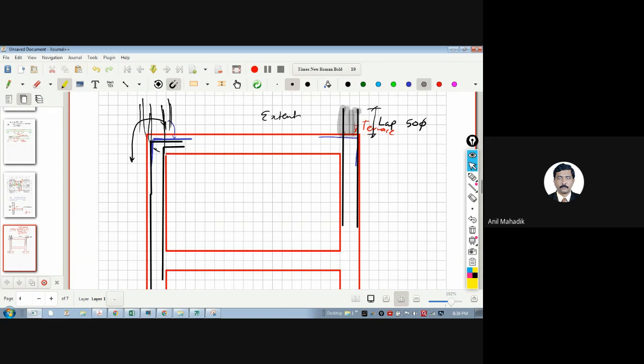So I will do the concreting here with low grade concrete, we can say M10 or M5, so that I can break it in future whenever I want the extension. So this is the general practice.